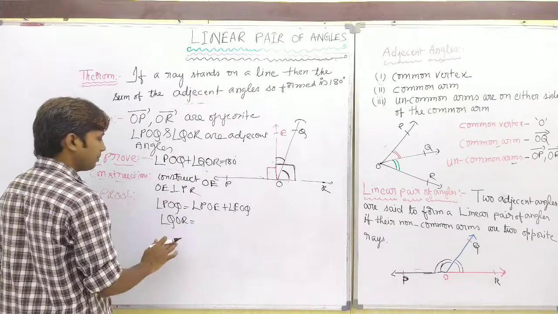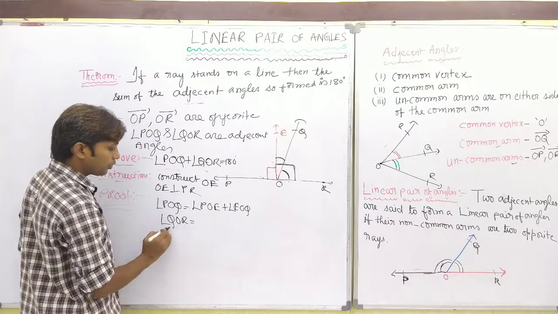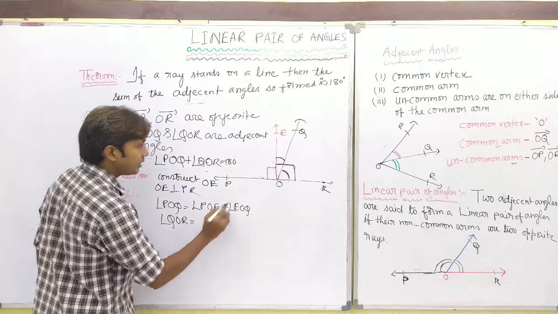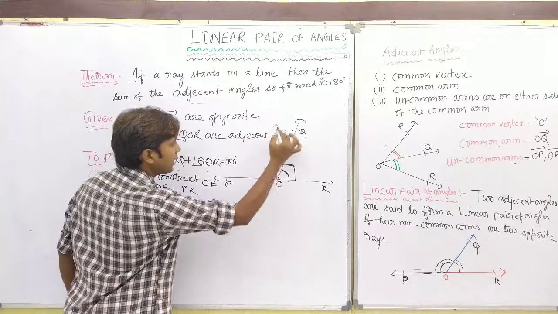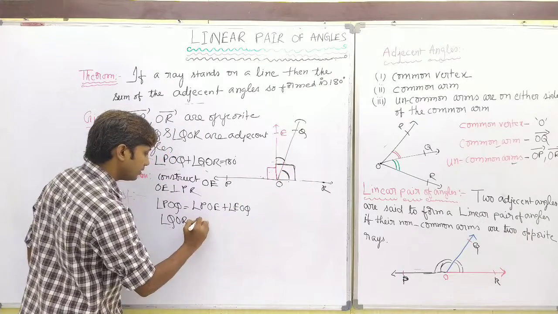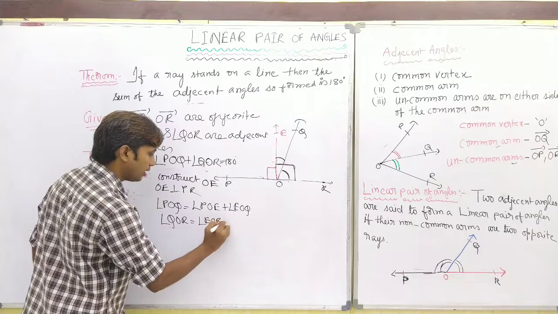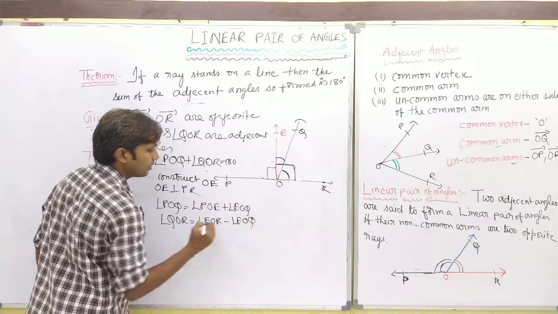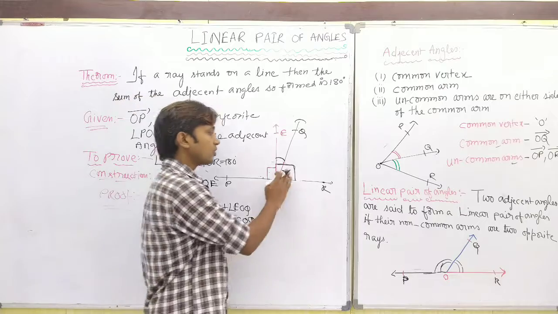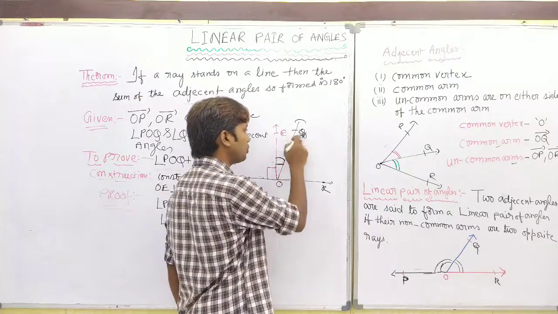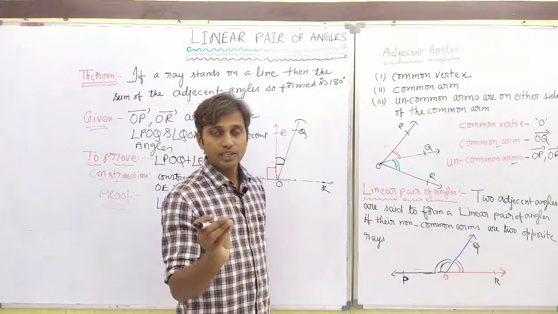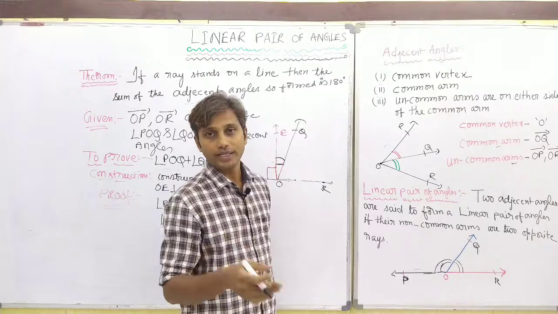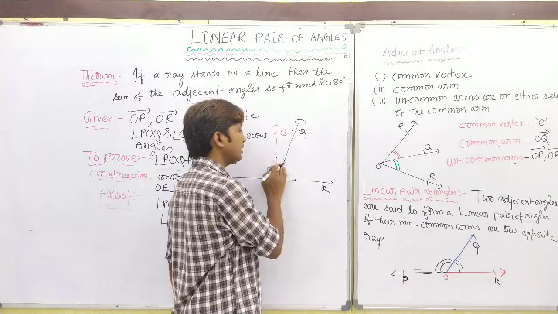So due to that information, how can we write it? QOR, tell me. Here EOR minus EOQ. Okay, right. So thus we can represent QOR as a difference of two angles.